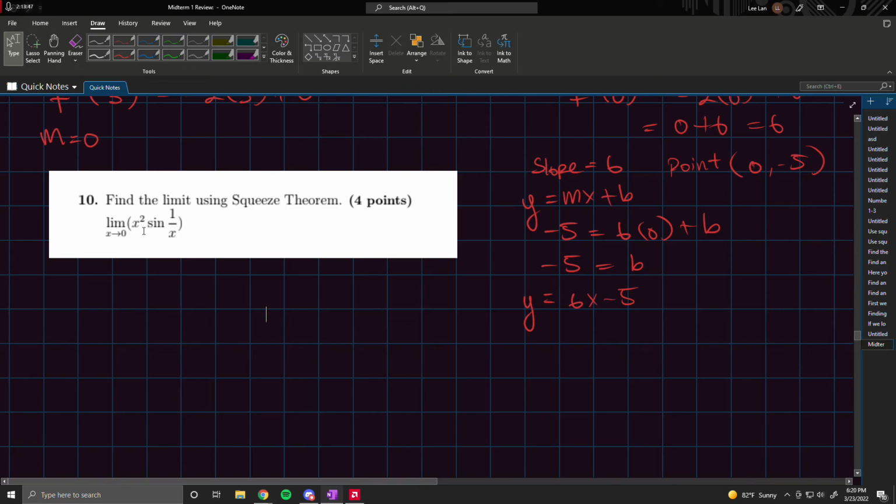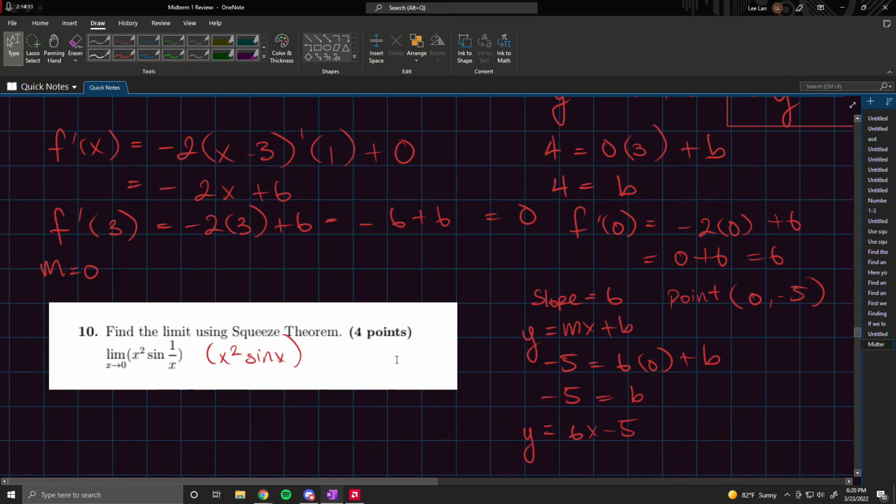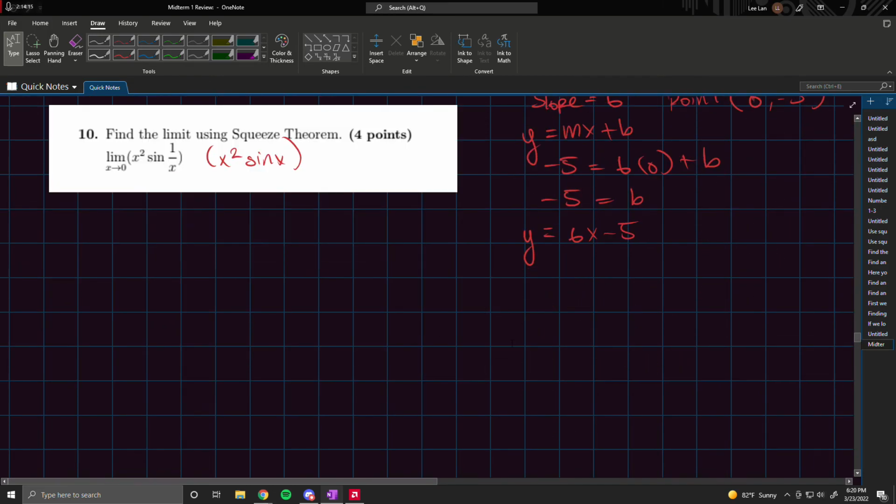Some students got x squared sine x, which I think is a typo, because if it was just this, it'd be a lot easier to solve. You can just plug in 0 and you'd get 0 squared times sine of 0. Sine of 0 is just 0, so you get 0 times 0. And so you don't have to use squeeze theorem anymore.